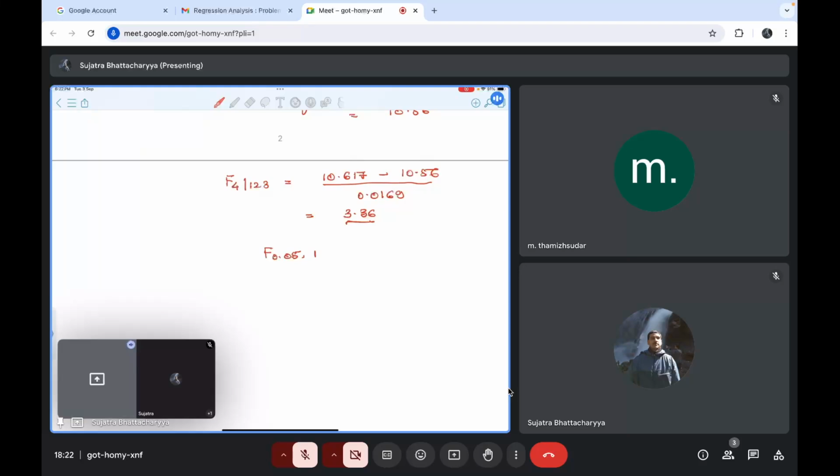The numerator degree of freedom is always 1, and the denominator degrees of freedom is 26, as we have already seen. This value comes out to be 4.23. Therefore, 0.53, which is the minimum, is less than 4.23, so x3 can be removed, because it is an elimination process.